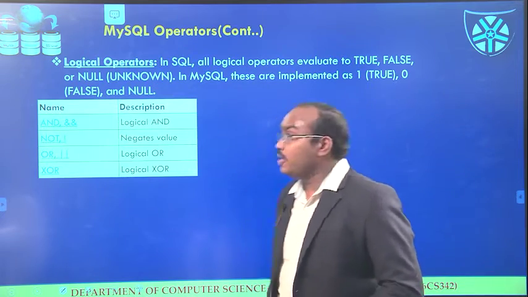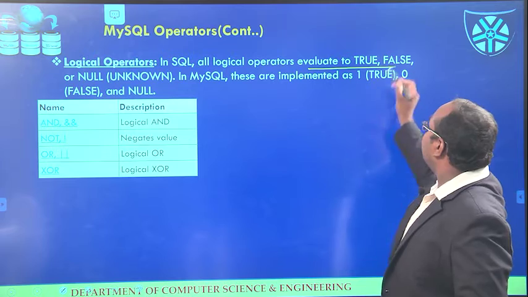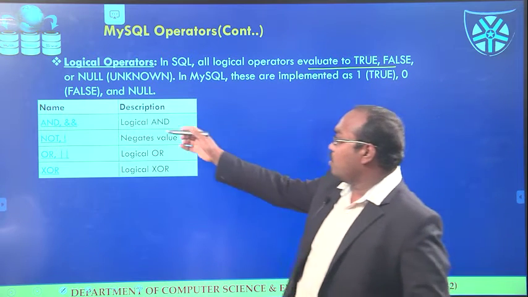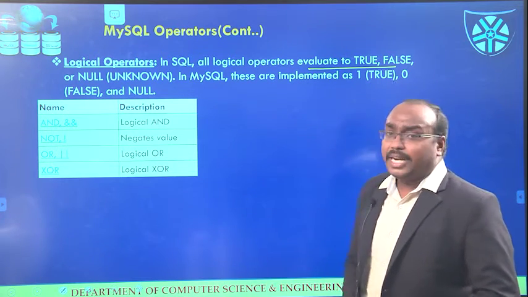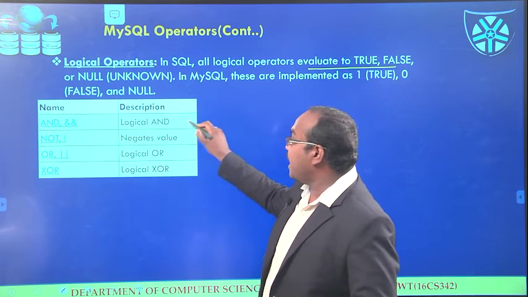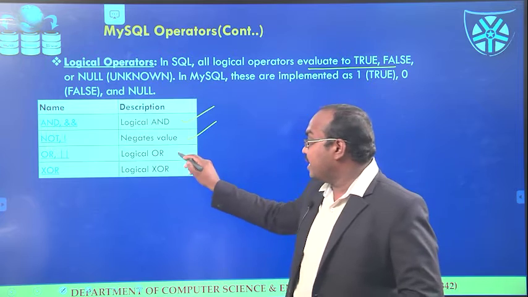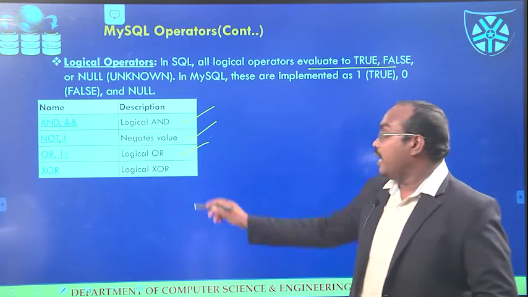And the next one, logical operators. The SQL logical operators evaluate true or false conditions. Here we have 4 operators in logical operators: the first one is logical AND, the next one is the negation operator, the next one is logical OR, and exclusive OR.